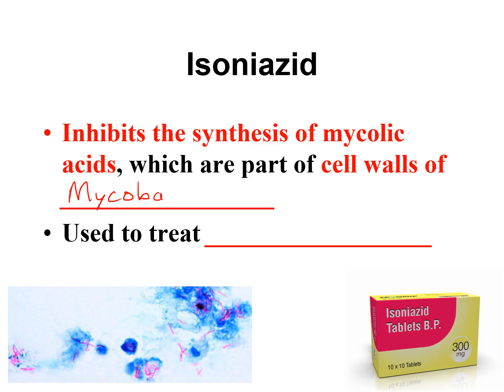And we're going to be using the isoniazid to treat tuberculosis. So Mycobacterium tuberculosis. We actually use 4 antibiotics together to treat TB because we have a lot of resistance. And so isoniazid is one of the antibiotics we will give you to treat TB.